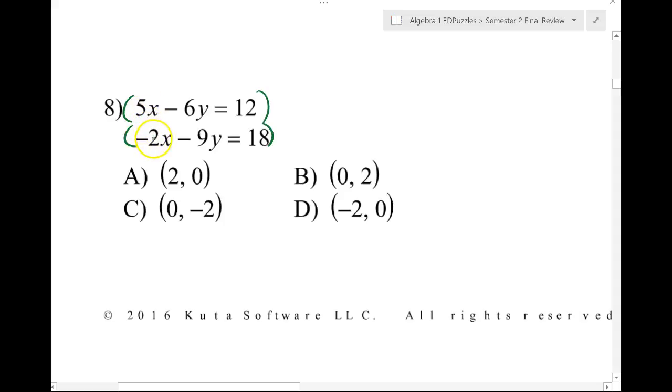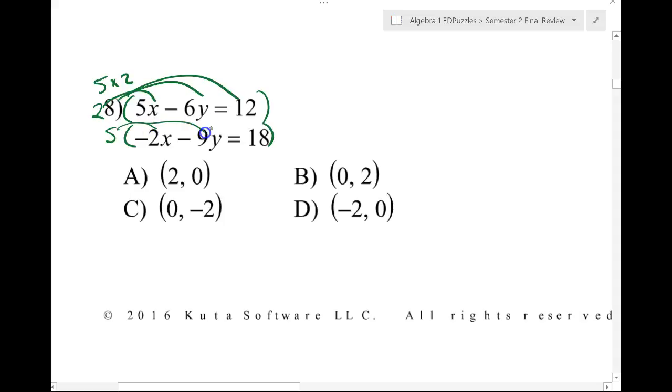So let's eliminate the x. In order to eliminate the x, they both need to be the same number but with different signs. The easy way to figure out what number to multiply them to is to multiply the top and bottom. 5 times 2 is 10, so I want them both to equal 10. That means I have to multiply the top times 2 and the bottom times 5, all the way across.